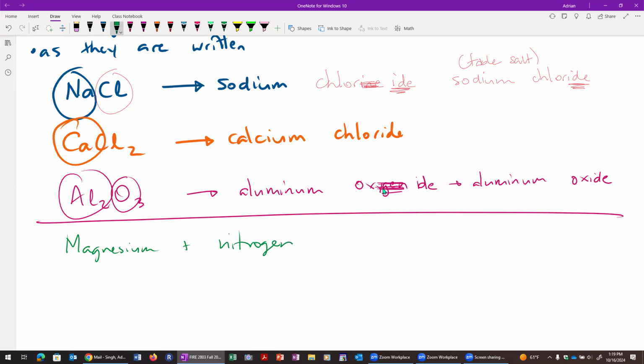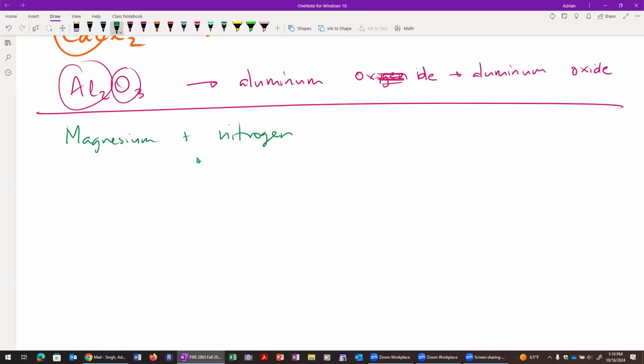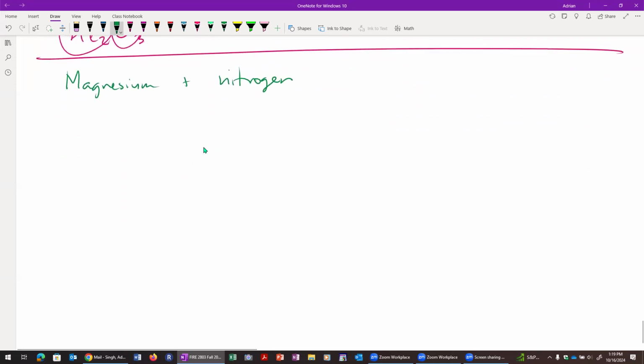Okay, so we're going to go through all the steps now, determine the charges on the ions, combine them in the correct ratio, and then name the resulting ionic compound. So magnesium, Mg, it's in group 2, and it's a metal, so it's going to be positive because it's a metal. It's in group 2, so it's 2 plus. Nitrogen is N, it's a non-metal, so we know the charge is going to be negative. It's from group 5, so 5 minus 8 gives me 3 minus charge.